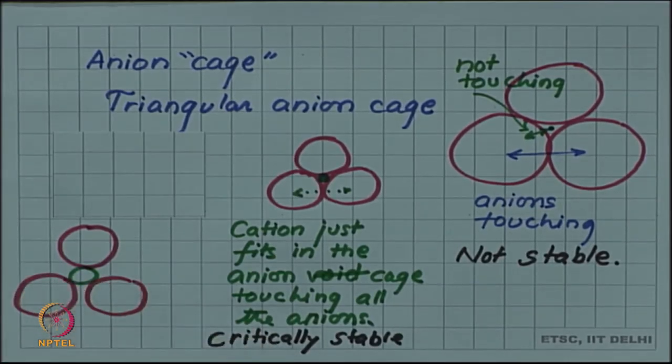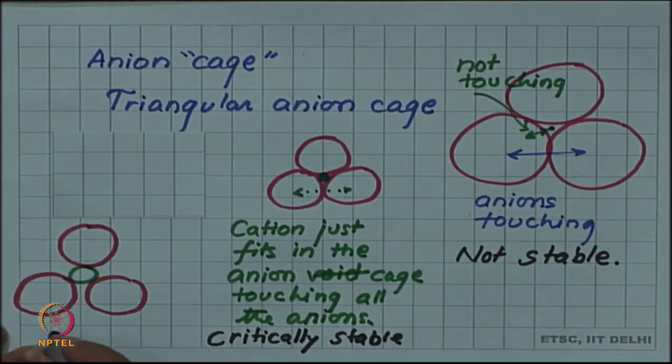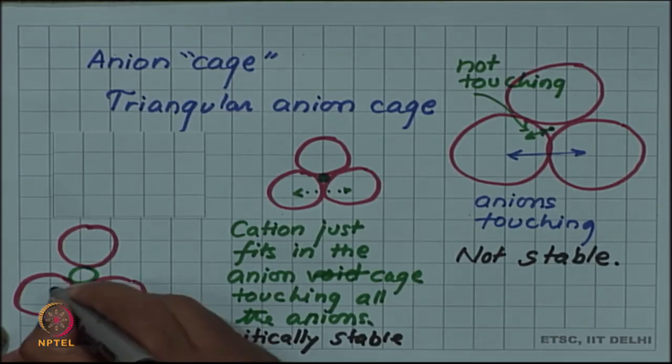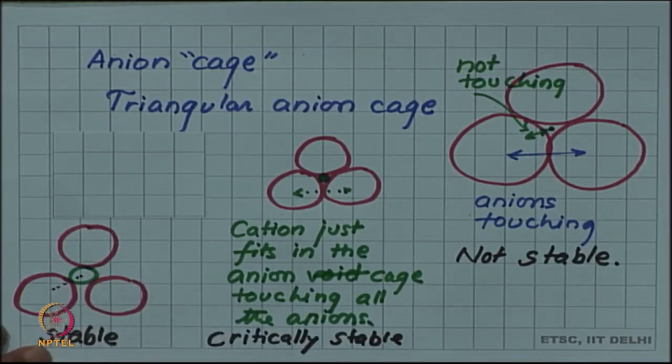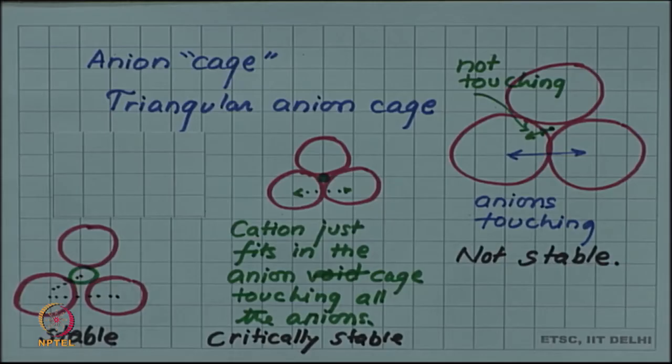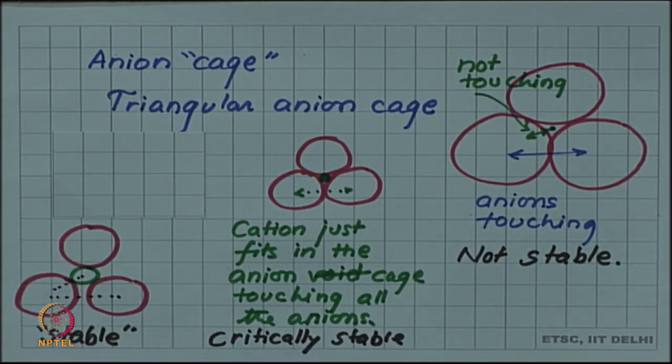This is a very good news, I will call this stable, because now the ions which are attracting are as close as possible because they are touching, and ions which are repelling have also been separated out. So, this will be the stable situation.